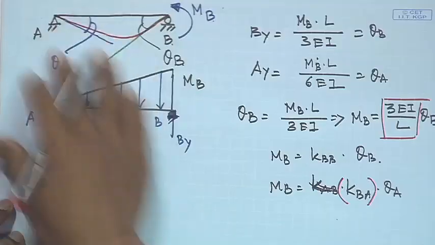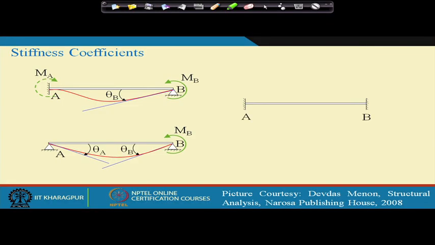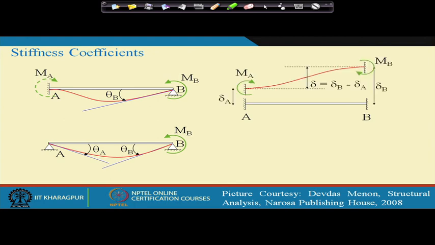Again, when you solve a problem, if the support system can be idealized as this, then you know how to get the flexibility coefficients. And one last case we will consider is the same beam, but now it is subjected to settlement of support.